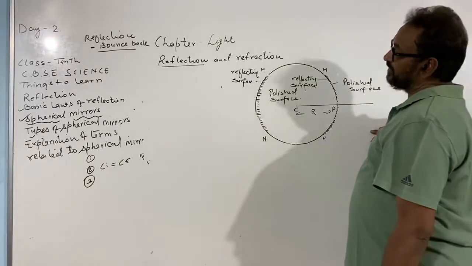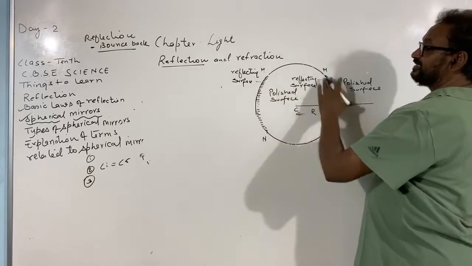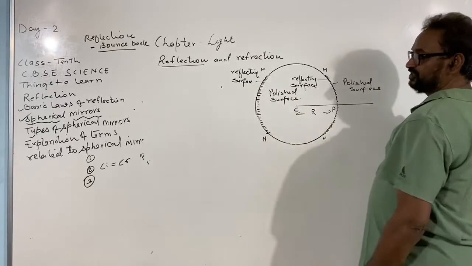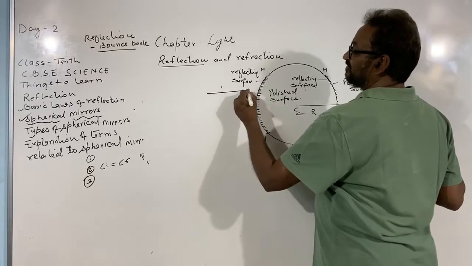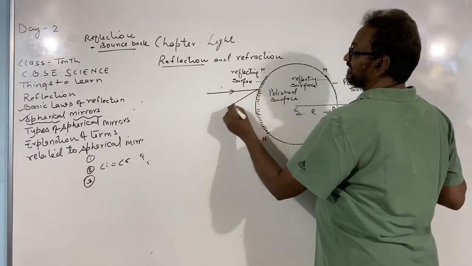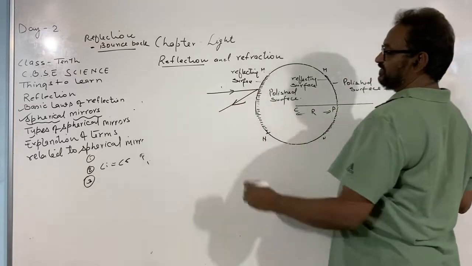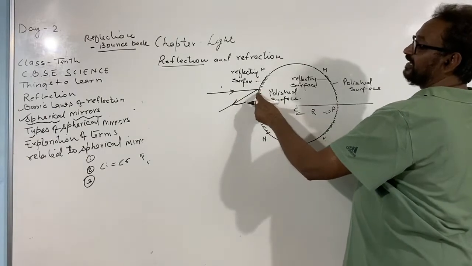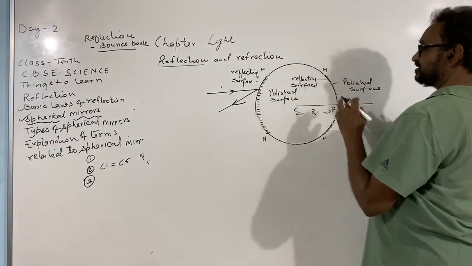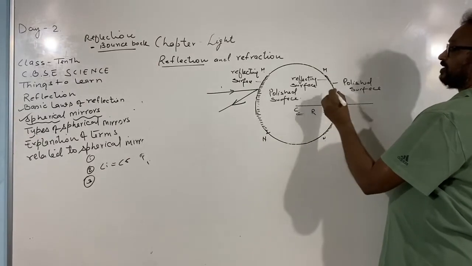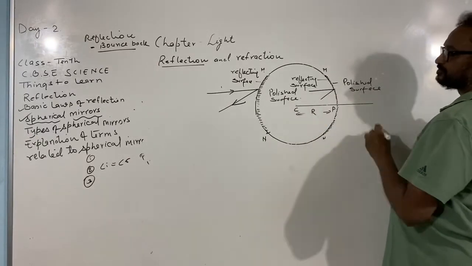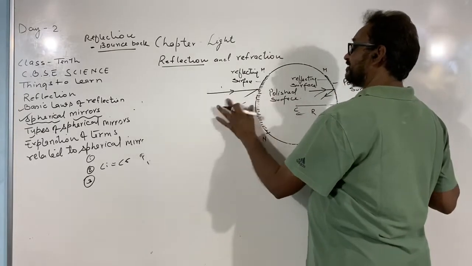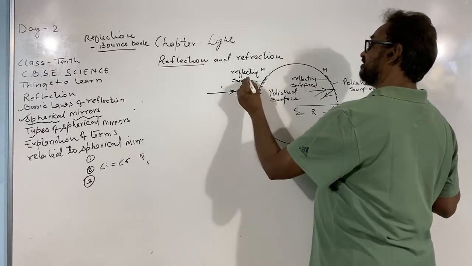So what is a spherical mirror? A spherical mirror is a part of a hollow sphere whose one surface is silver polished, so that reflection of light takes place by the other surface. If the light strikes the surface, it is reflected. Similarly, you will study that in this case the light will reflect along this path.